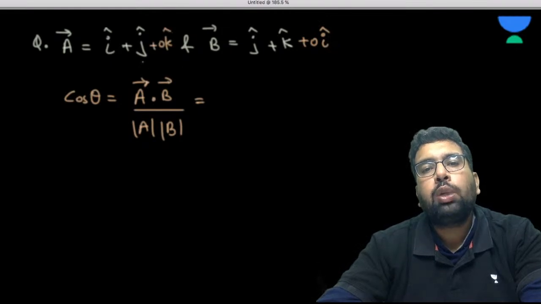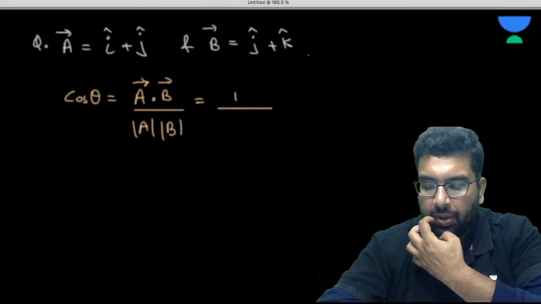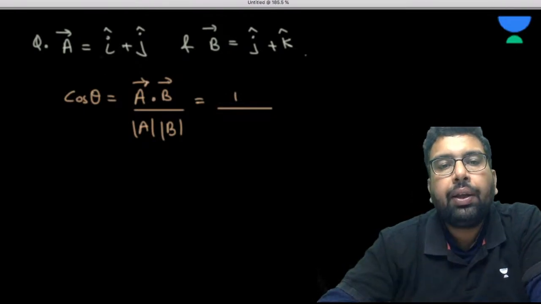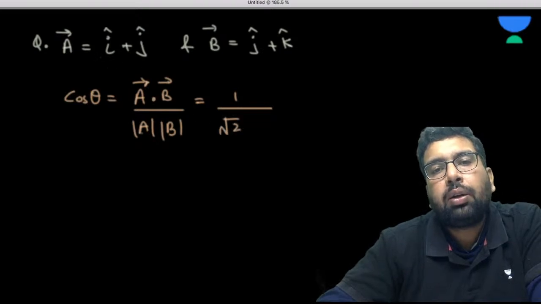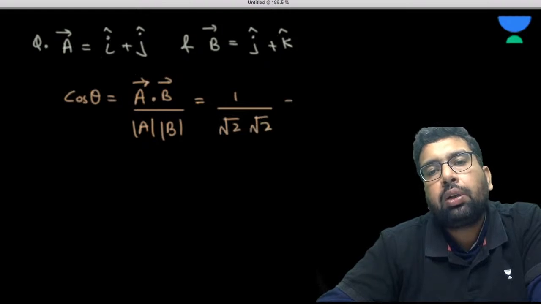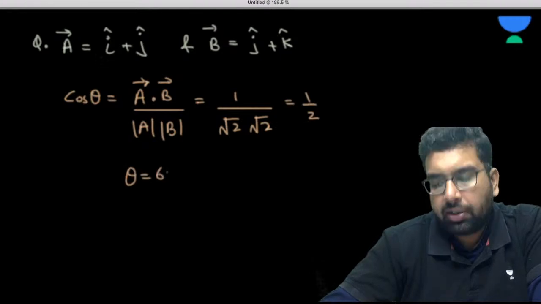So only J and J are there, na? So it will become 1 right away. I with 0, then J and J, then K with 0, so it will become only one. The magnitude of A is root 2, and the magnitude of B is again root 2. So this is going to become 1 by 2. So theta will become 60 degree.